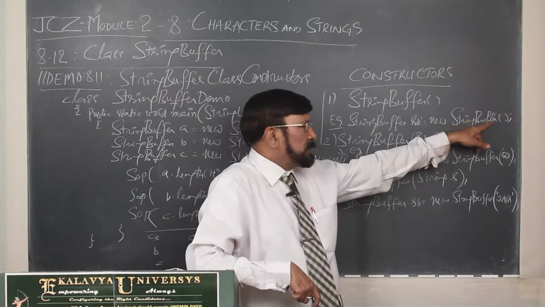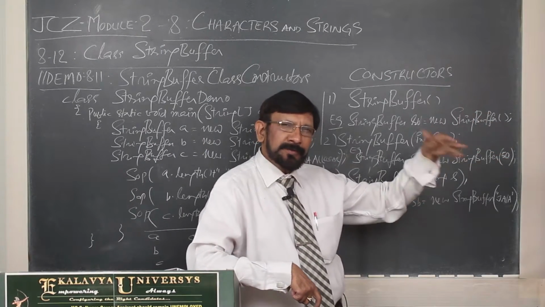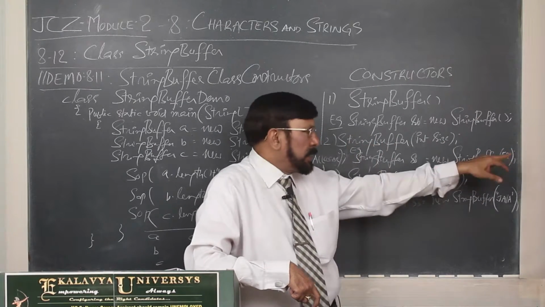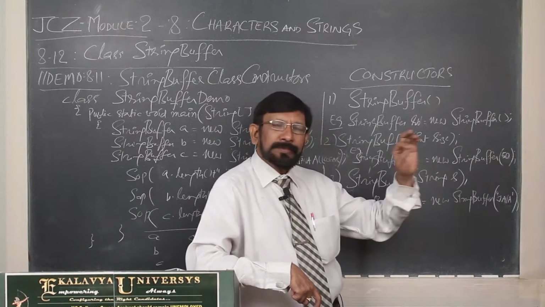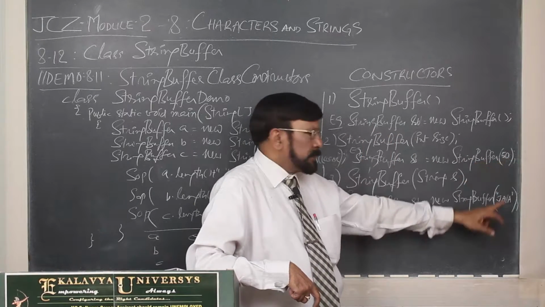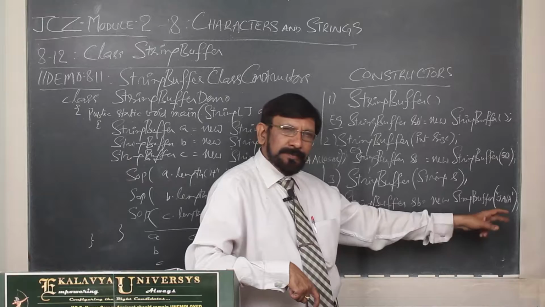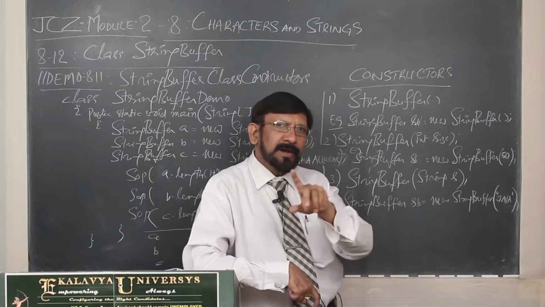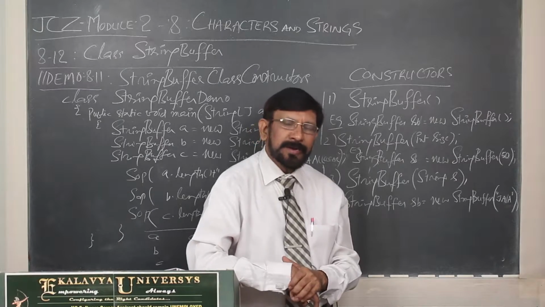So the default capacity of 16 is provided whether you ask or not, and if you specify any capacity specifically, then that much capacity is provided. If you provide a string, the length of the string plus another 16 is provided.